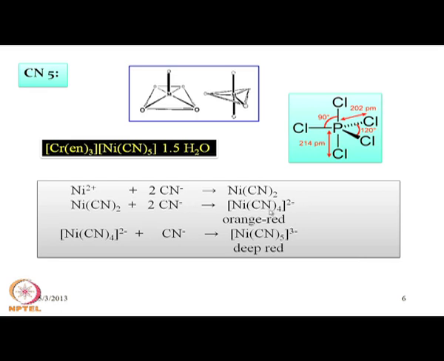This is a well known square planar compound, which is orange red in color, and this orange red compound can further react with another CN minus to give a deep red compound of nickel in a trianionic form. When this anion substitutes the corresponding chlorides of this salt, we get a typical example of a coordination number of 5 in the anionic part of the compound.